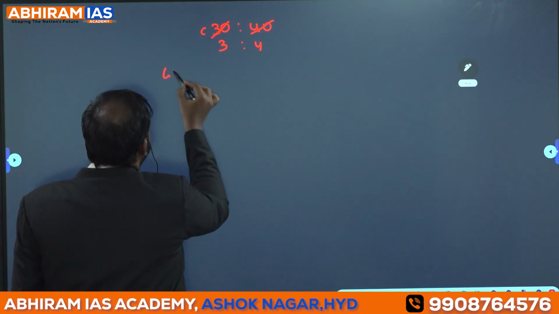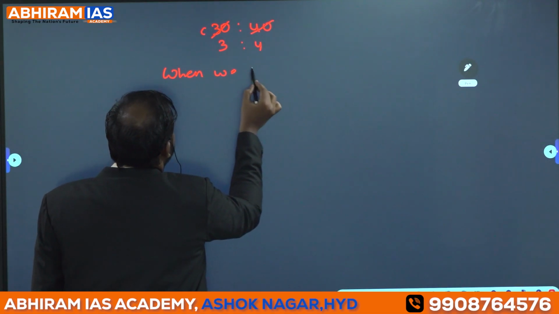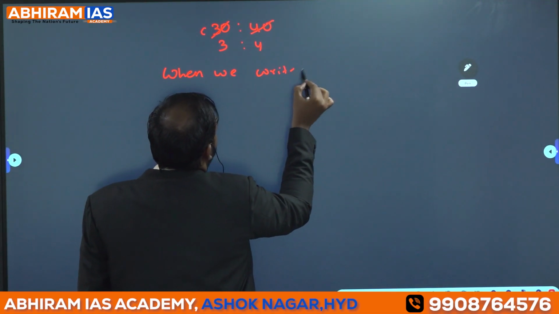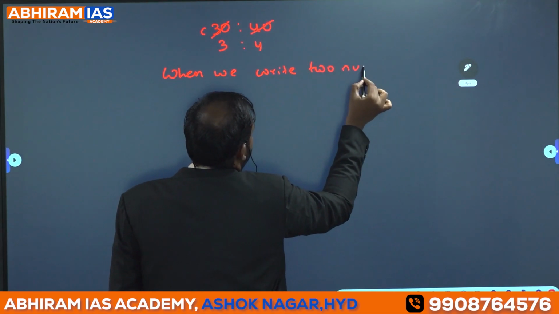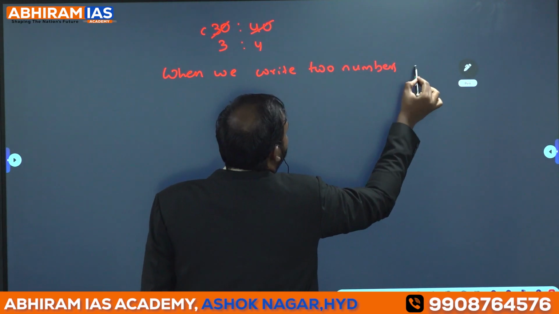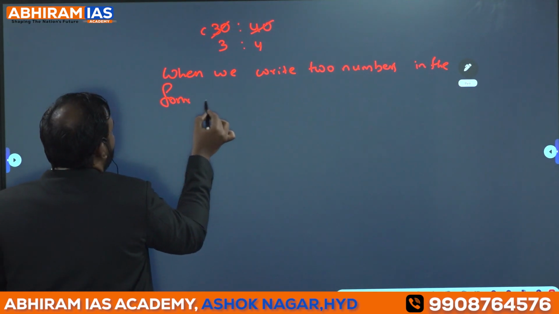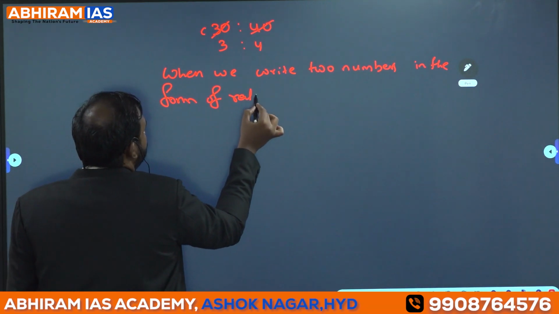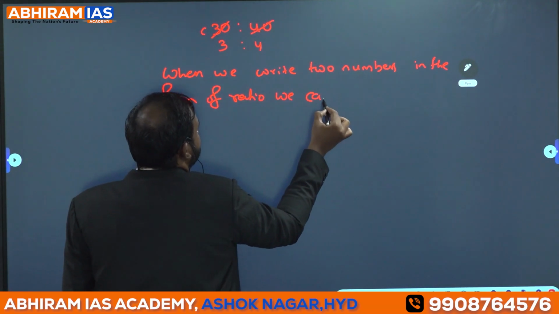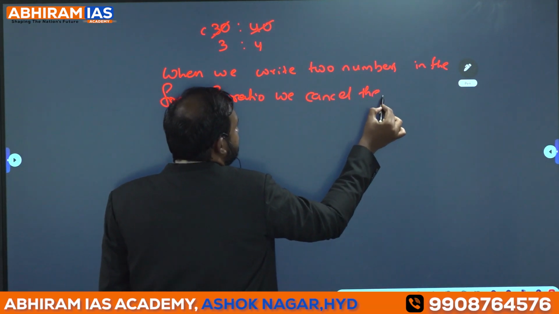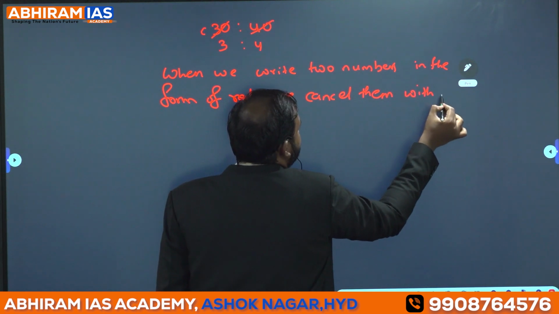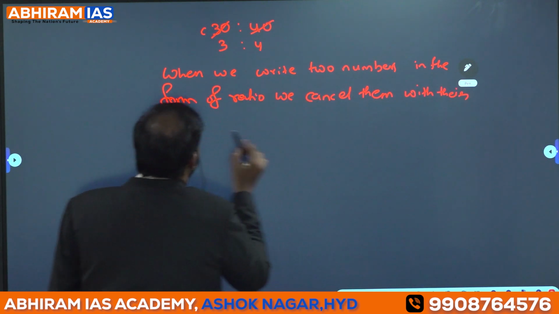So when we write two or more numbers in the form of ratio, we cancel them with their HCF.